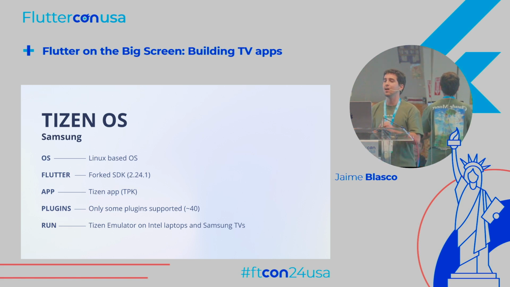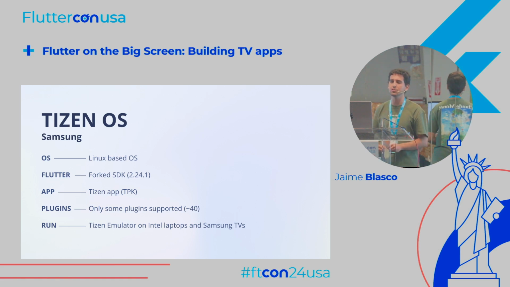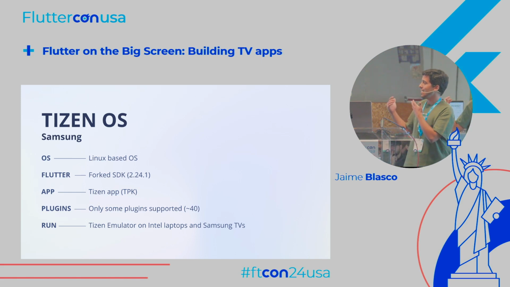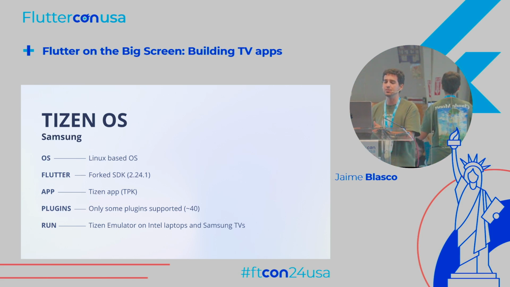And they offer a lot of packages themselves that only work for Tizen with their own capabilities, like hardware, their own way of doing push notifications, and they even have a package called Tizen Interoperability, Tizen Interop, that allows you to access all the native APIs using Dart. This uses FFI generation to create all the native APIs and expose them as a Dart interface.